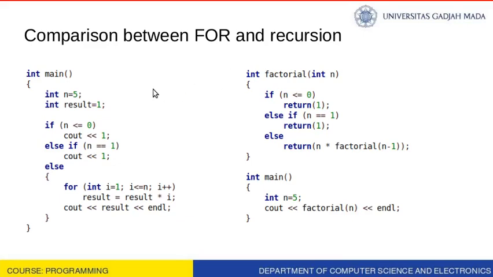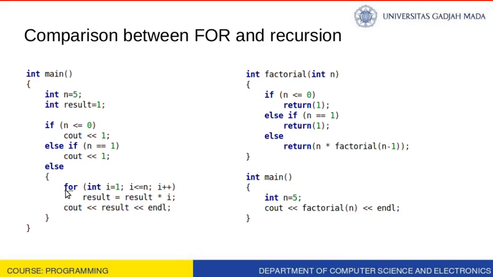So now we will see an example that will give you the comparison between for and recursion. I have two programs. The first program is the implementation of factorial by using for, and the second program is the implementation of factorial by using recursion.